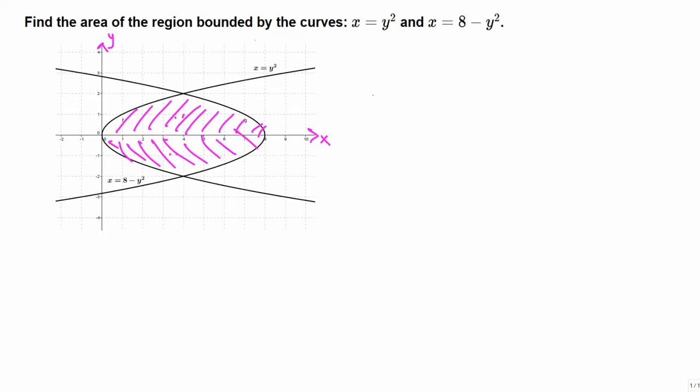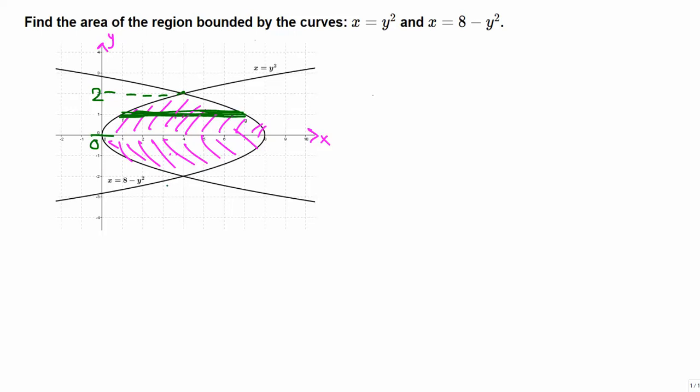So we draw a sample cross section here. If we just look above the x-axis, it can go anywhere from 0 through the point of intersection, so 2, and we find this area, multiply by 2, and we get the whole area.